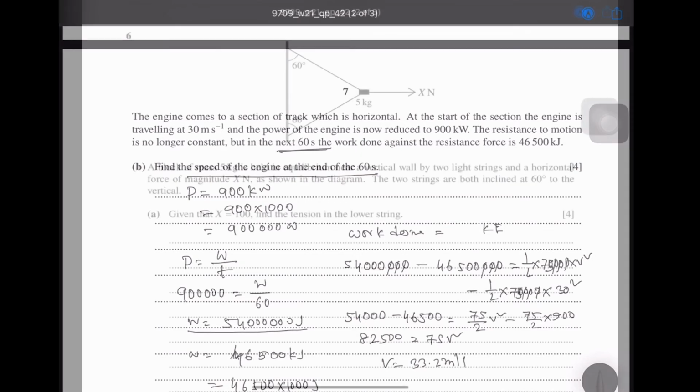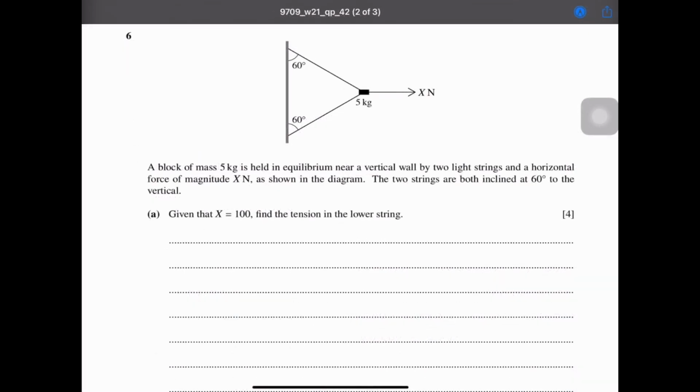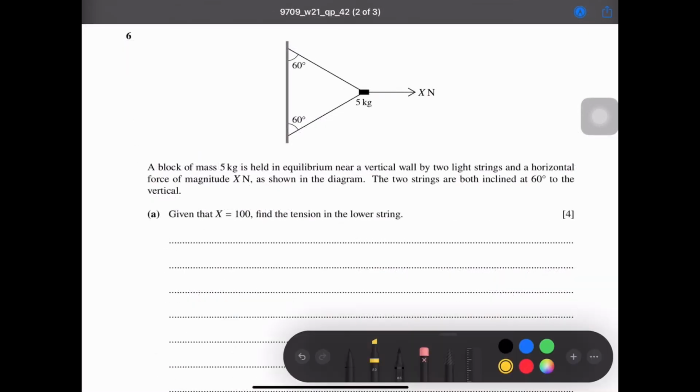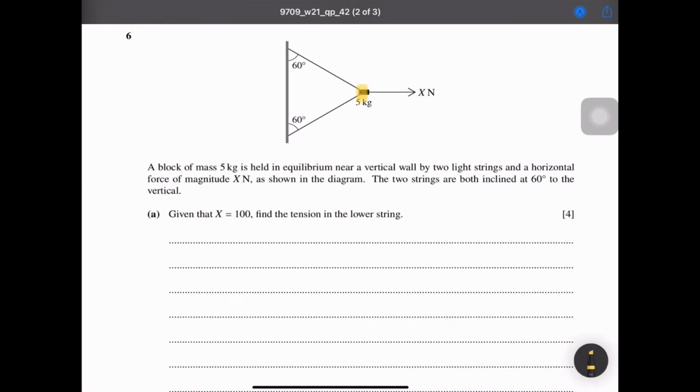A block of mass 5 kg is held in equilibrium. This is the block, it's in equilibrium, held by two strings. There is one string, another string is here, and then there is x Newton force horizontal. This angle is 60 degree, and with this force, that force, and x Newton, the object is in equilibrium.